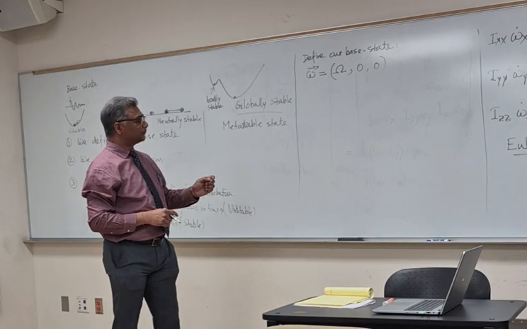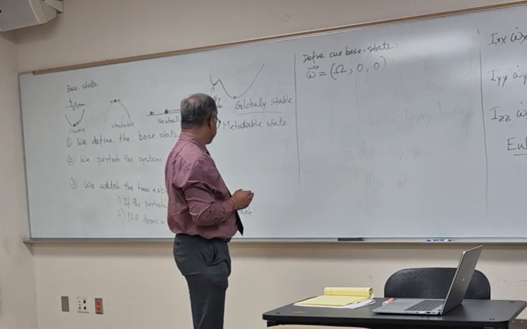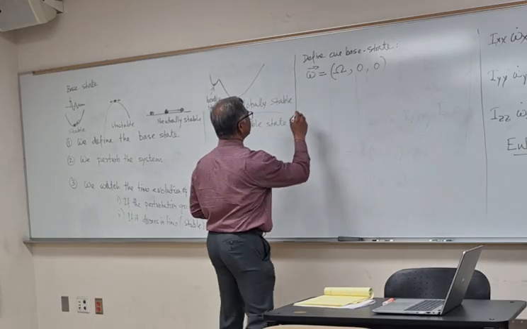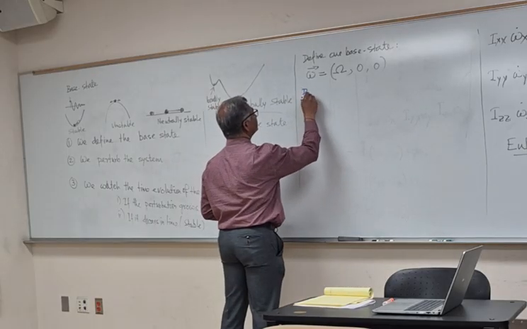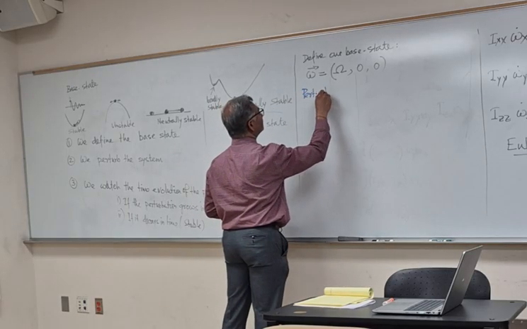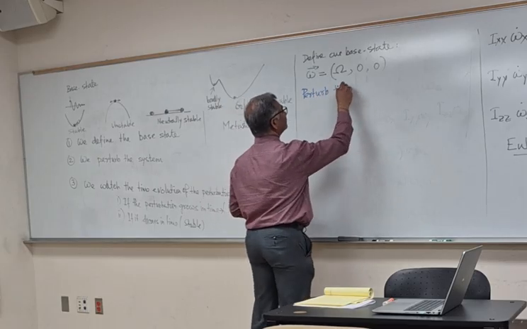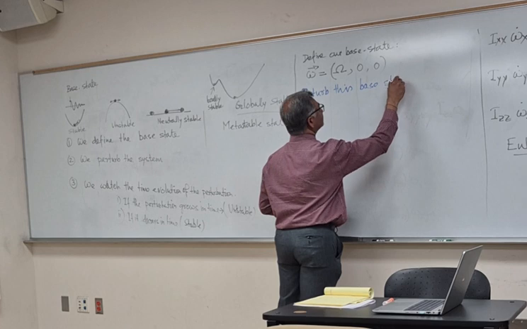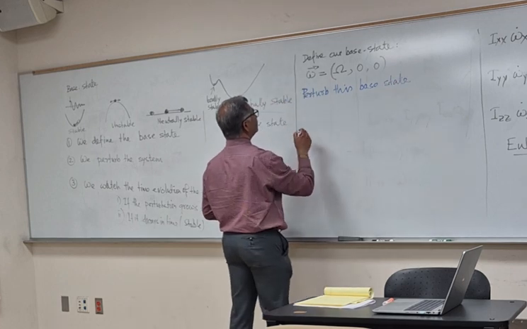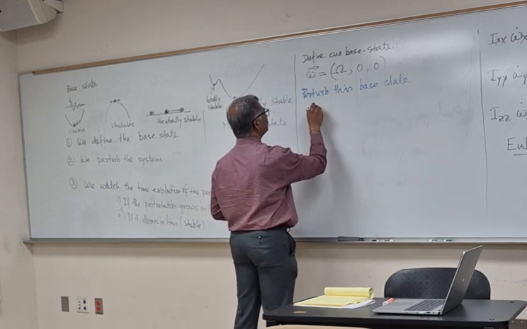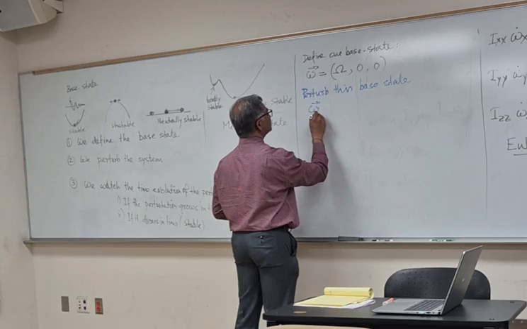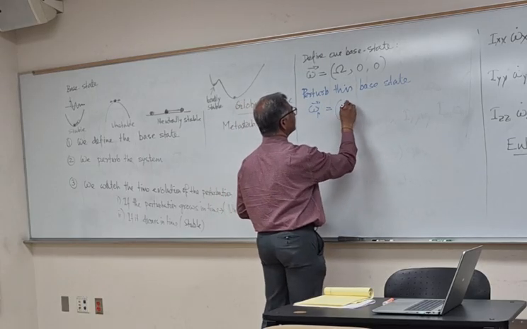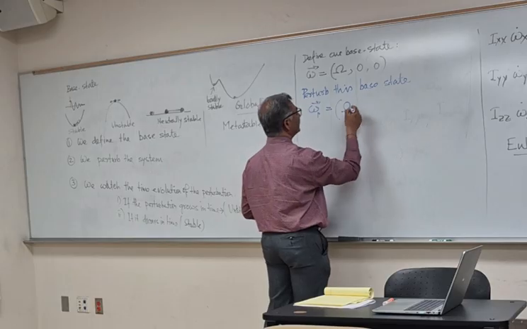Now we will perturb it. How can we perturb it? So perturb this base state. What we'll do, we'll take another omega, the perturbed omega, where we keep the Omega the same.